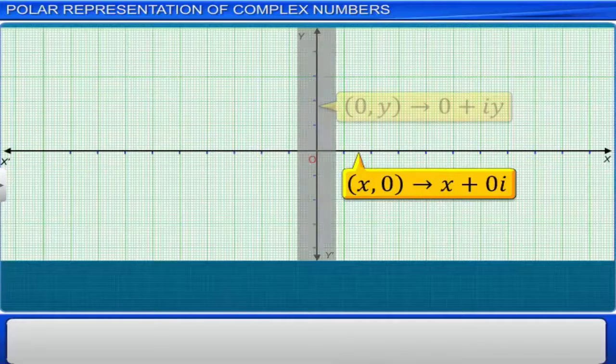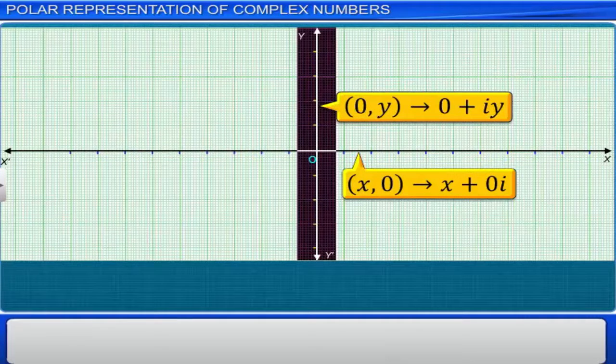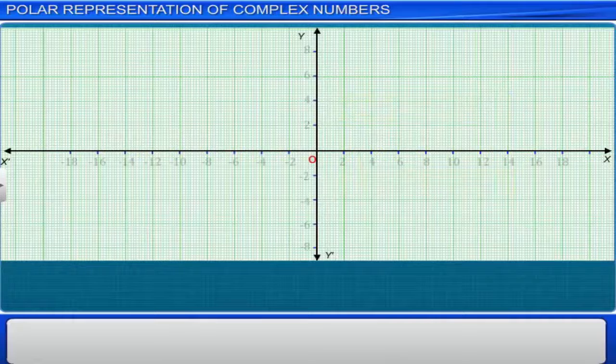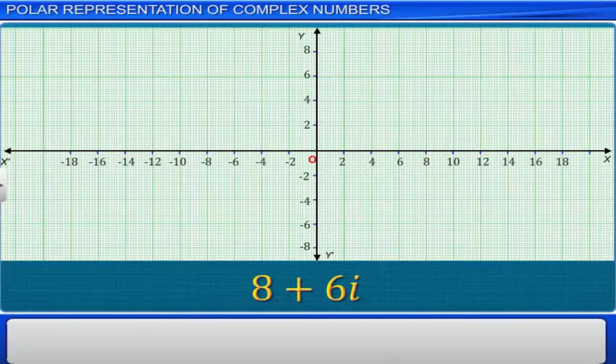Similarly, all the points on the imaginary axis are represented in the form (0, y), corresponding to the complex number 0 plus iy. Let's consider the complex number 8 plus 6i. Point P(8, 6) on the Argand plane represents the complex number 8 plus 6i.